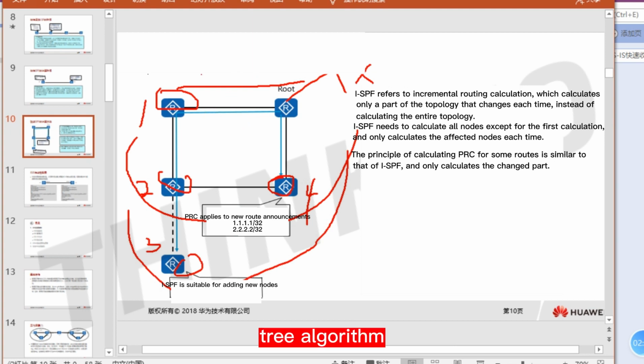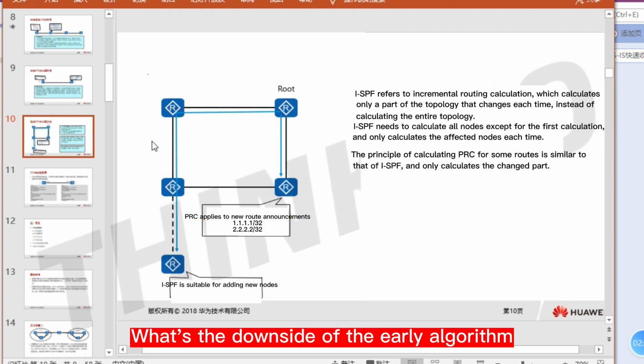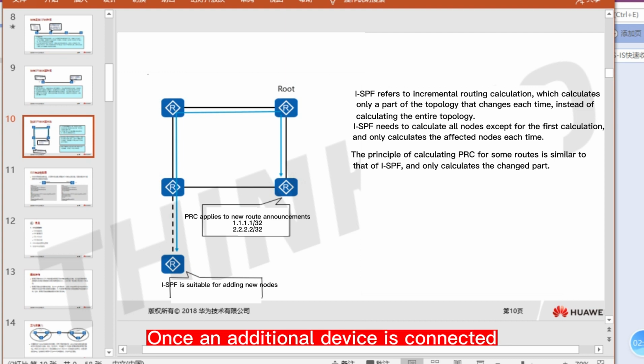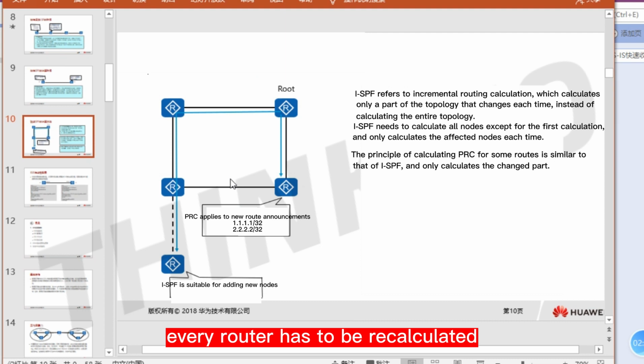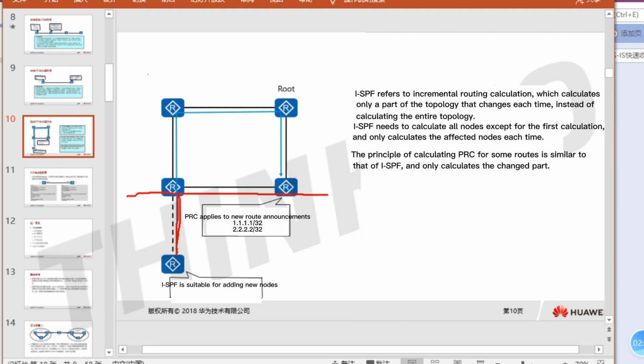It's a tree algorithm. What's the downside of the early algorithm? Once an additional device is connected, every router has to recalculate. But the change is only from here. Let's say we add a router to this device.